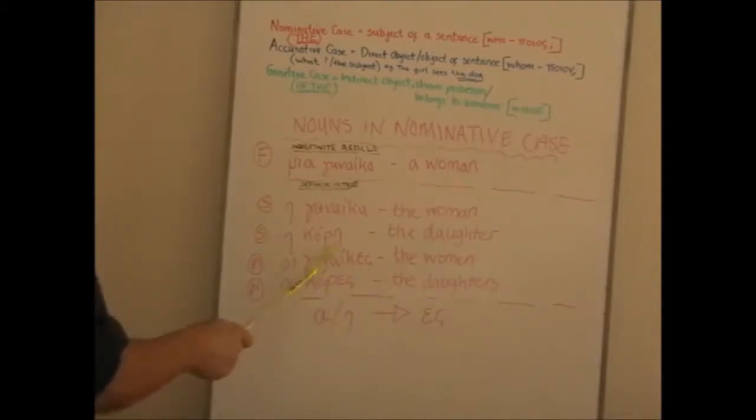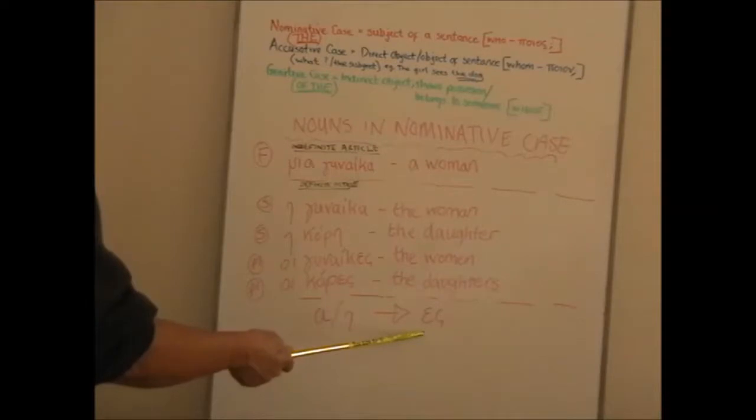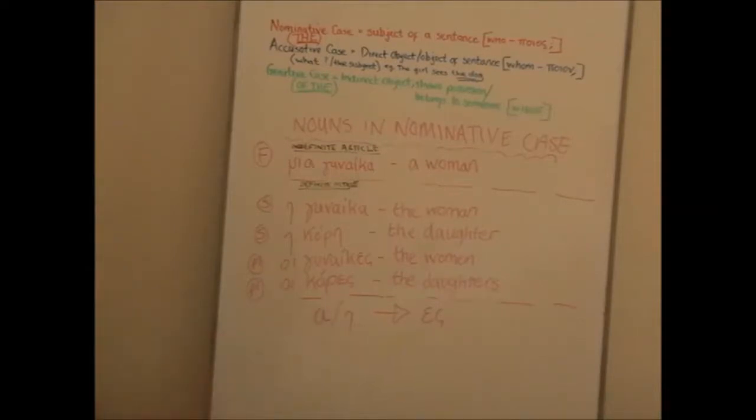I changes to es also for feminine in nominative. So any words feminine in nominative, if they end in a or i, for plural, change them to es. Pause the video now to copy this down.